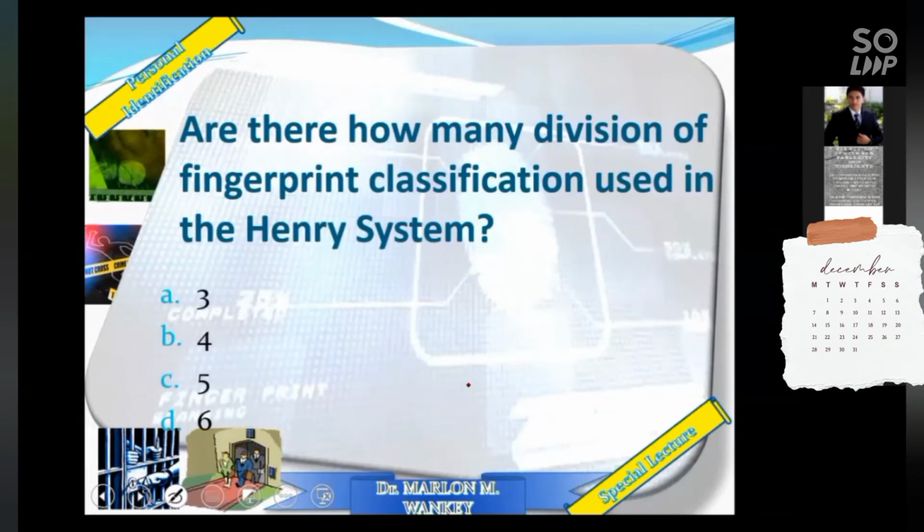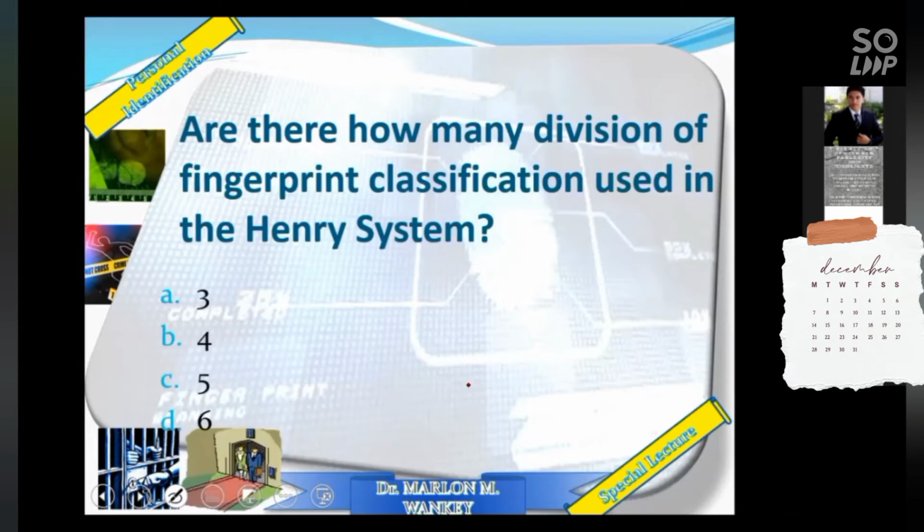Okay, someone answered B, and some of you also answered letter D. Now, what we know is we have the primary classification, secondary classification, sub-secondary classification, key classification, major classification, and final classification.